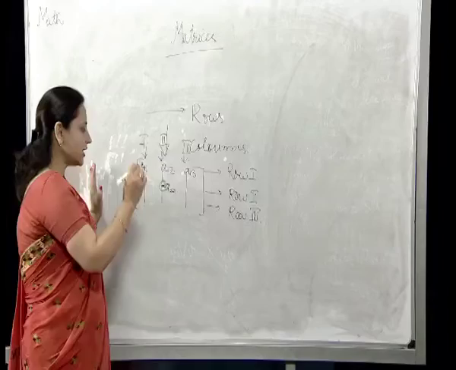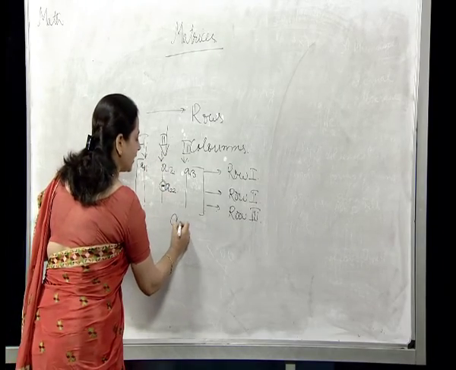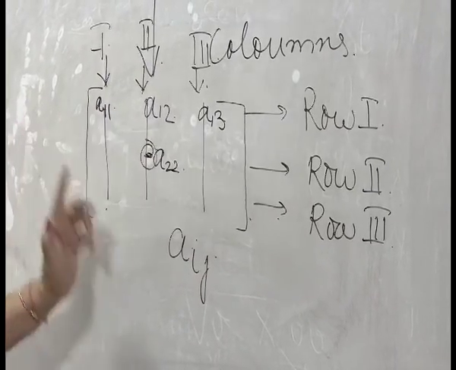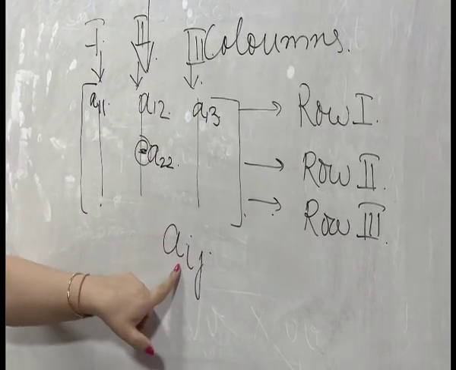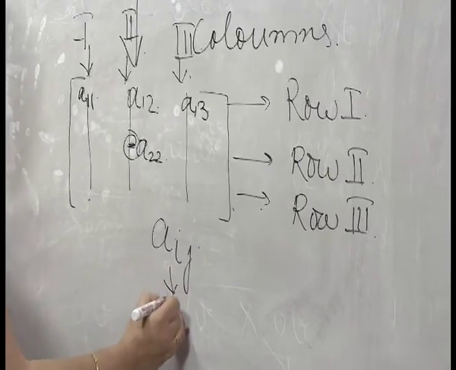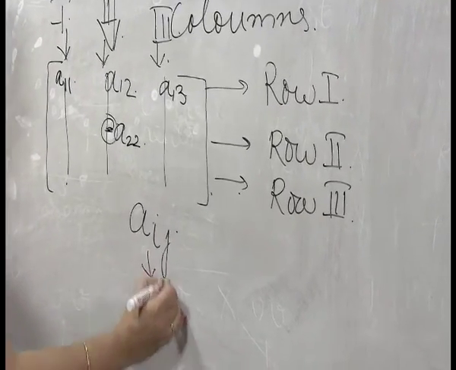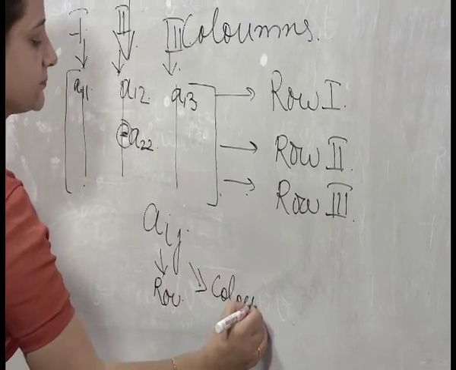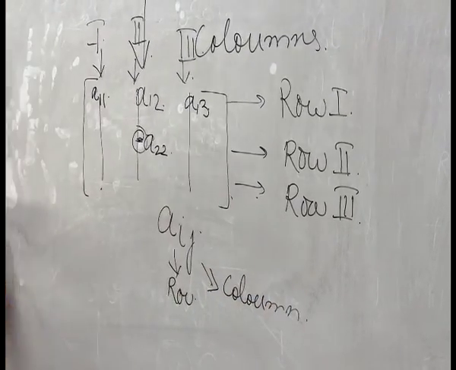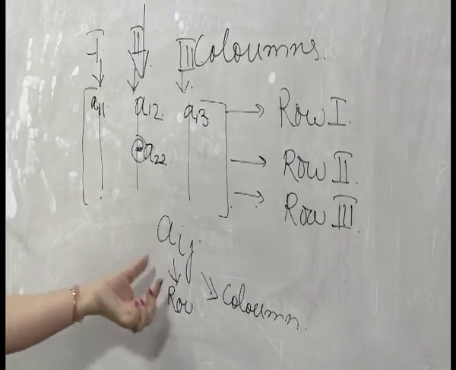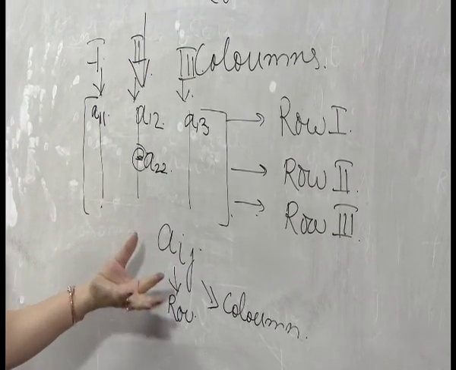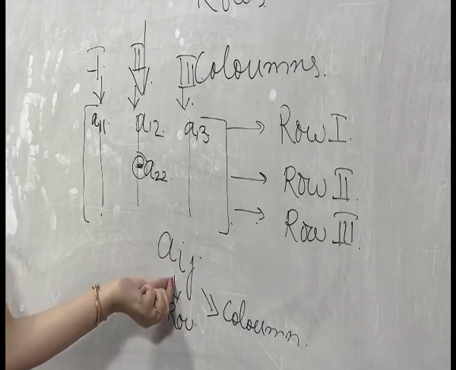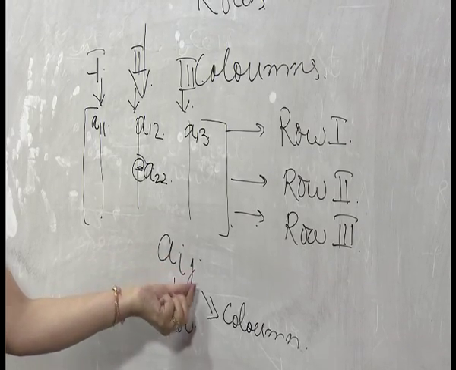In general, I can write any element as Aij, where i represents the row and j represents the column.